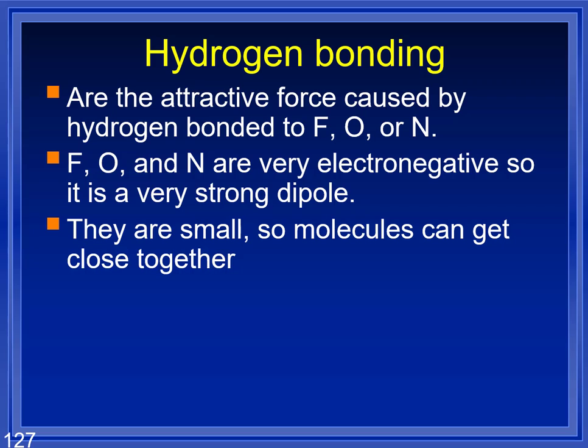These atoms are small. And the smaller I make the atoms, the closer together I can get those molecules to each other. And if I get the molecules close to each other, they can stick together better. It's not hard to come up with an example of that.